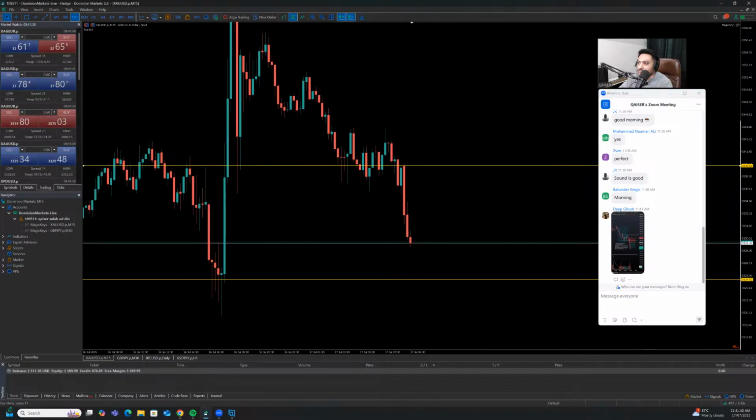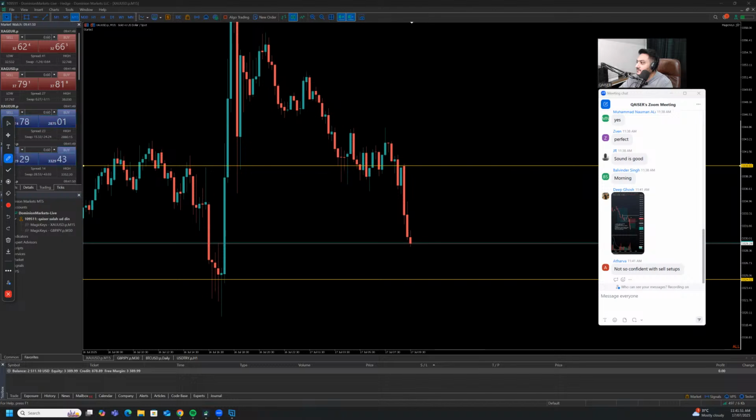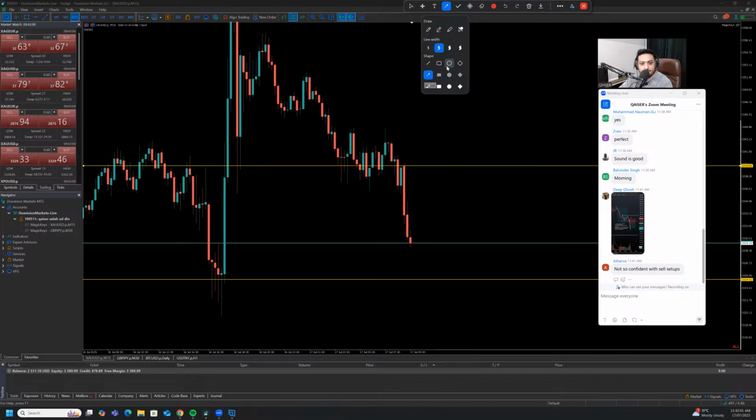Even if you break below this previous candle low, let me get my pen tool.